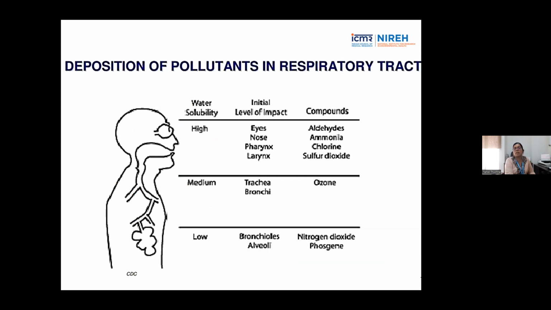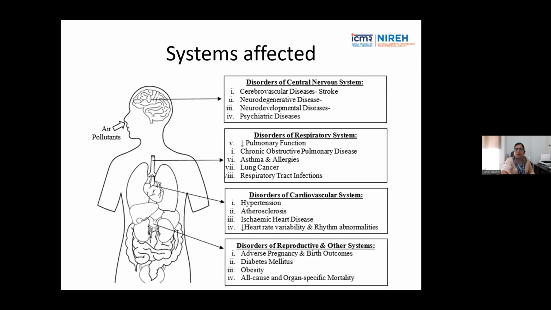But when we talk about gaseous pollutants, it is their solubility that matters. Gases with high solubility, like sulfur dioxide, get deposited and affect only the upper airways. But those with low solubility, like nitrogen dioxide, can penetrate up to the terminal bronchioles and alveoli and affect the respiratory system.